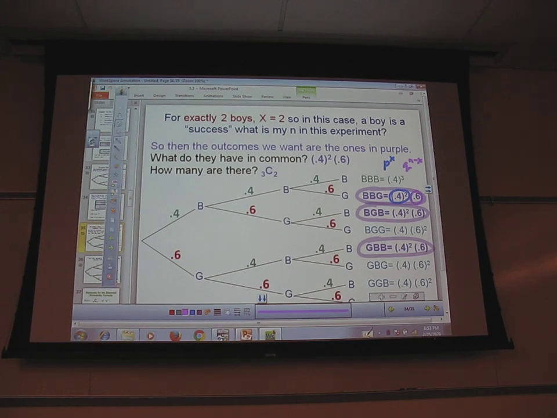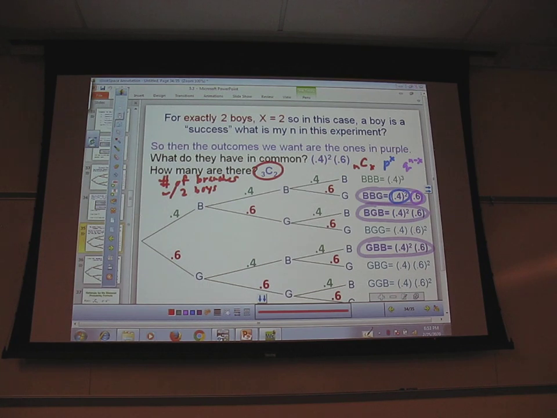So this is the number of branches with 2 successes, 2 boys. Exactly 2 boys. So this is where the nCx comes in.